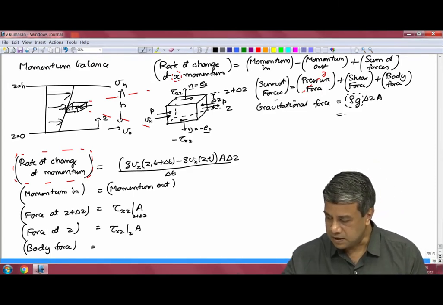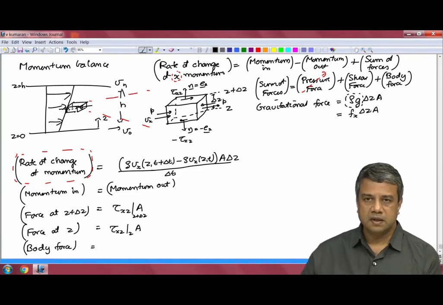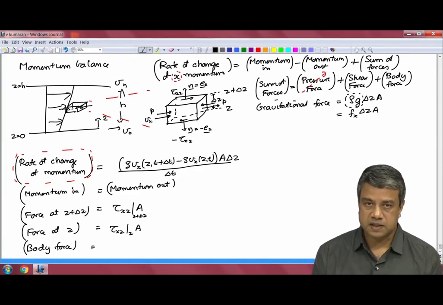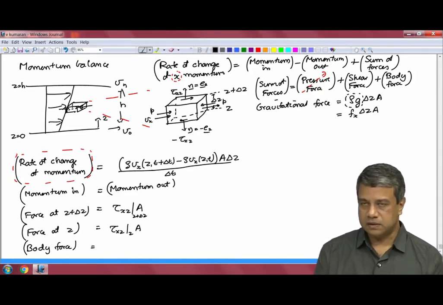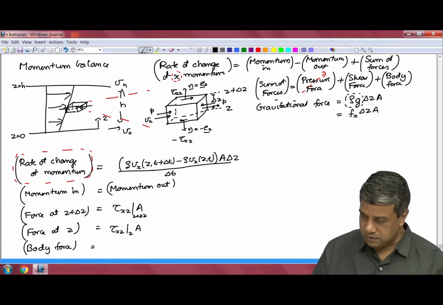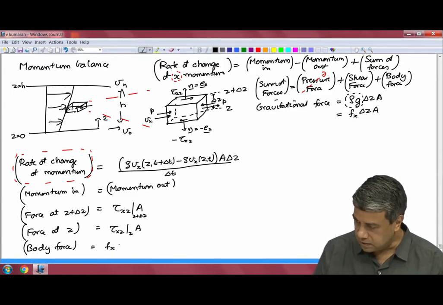I will write this as fx times delta z times A, where small fx is the force density in the x direction. So, if you had a component of the gravitational acceleration in the x direction, the force exerted due to the body force is going to be equal to fx times delta z times A.